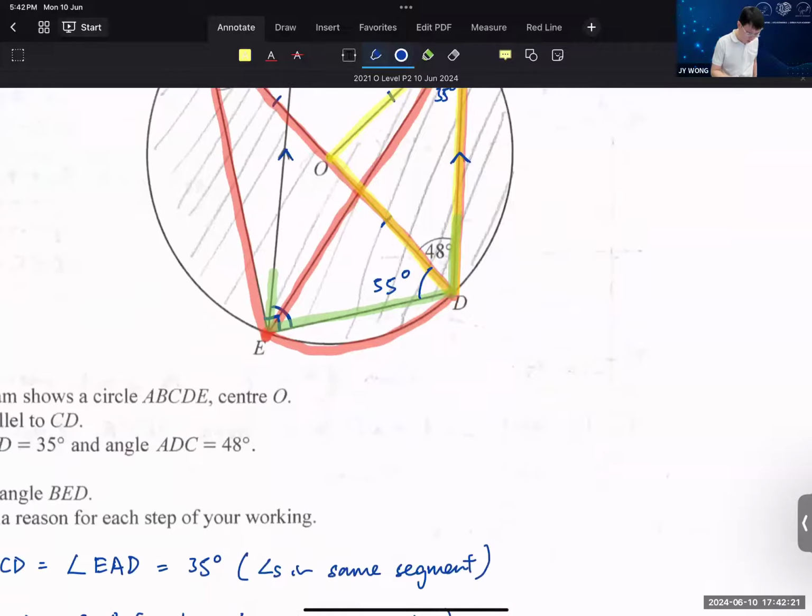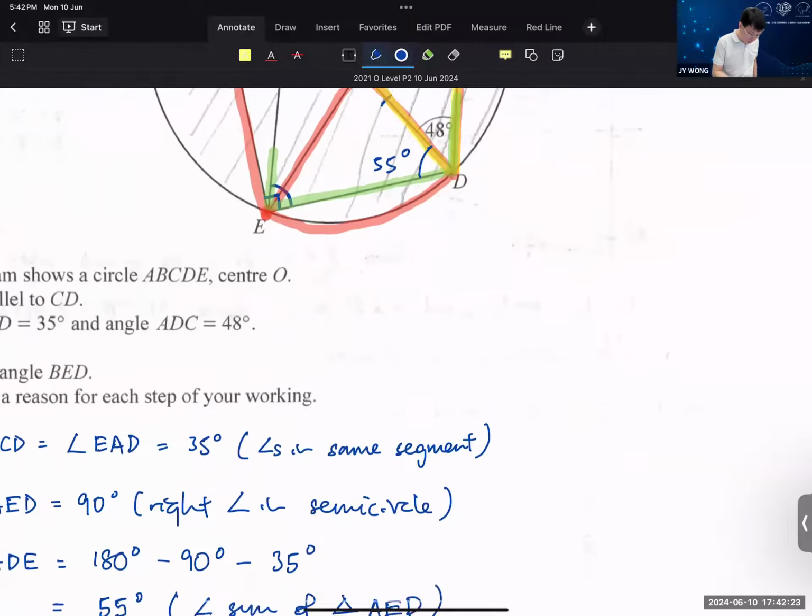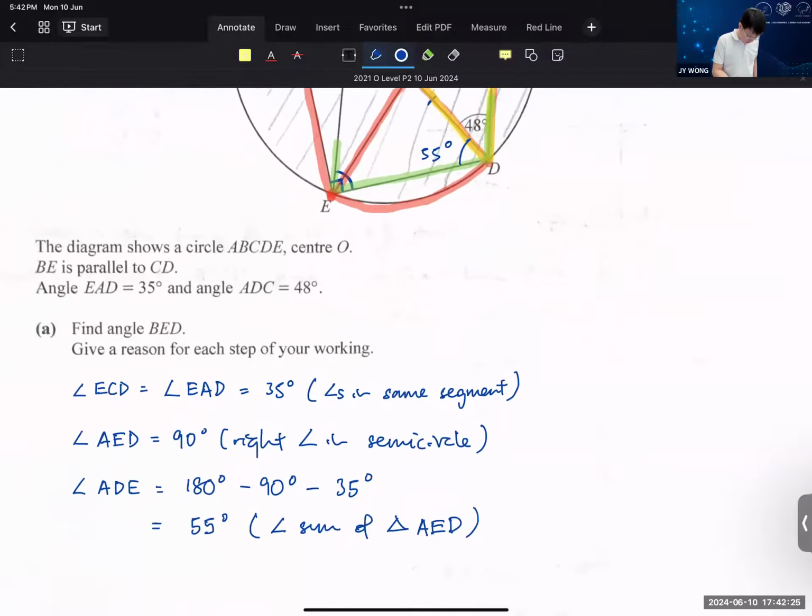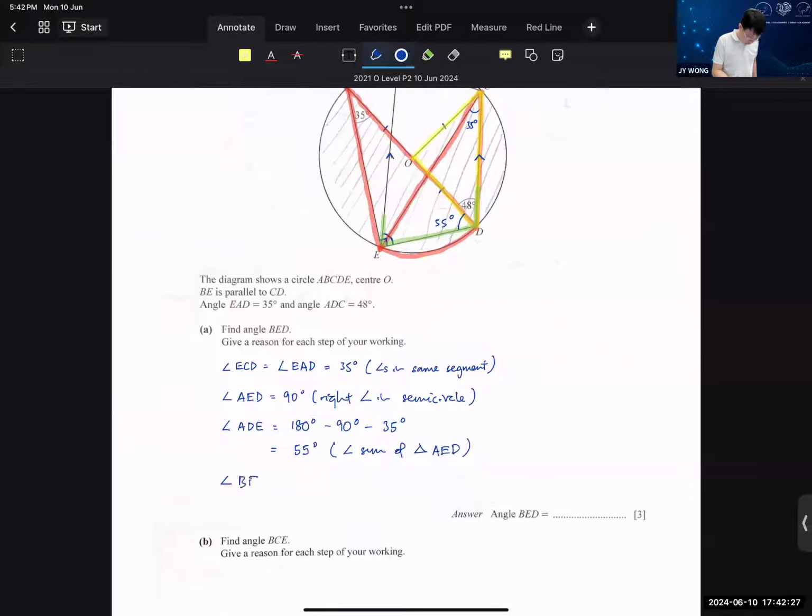So does that allow you now to go and find your angle BED? Yes. Using the green color, angle BED is equal to 180 degrees minus 48 degrees minus 55 degrees, which will give you 77 degrees.